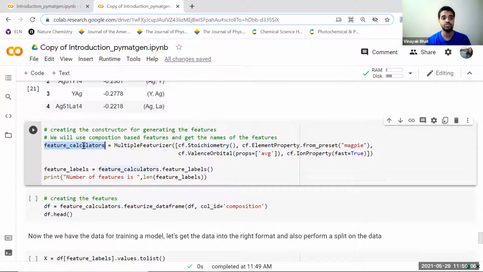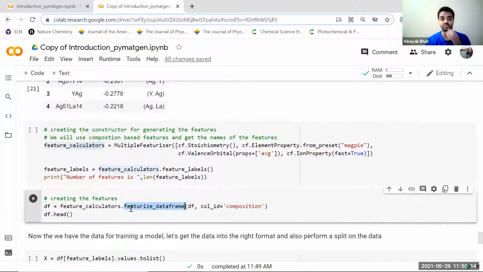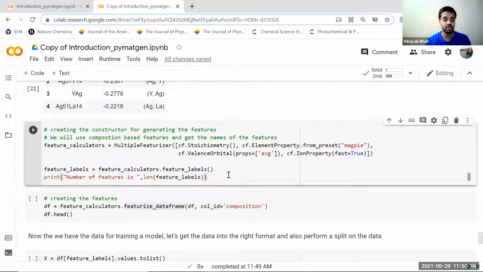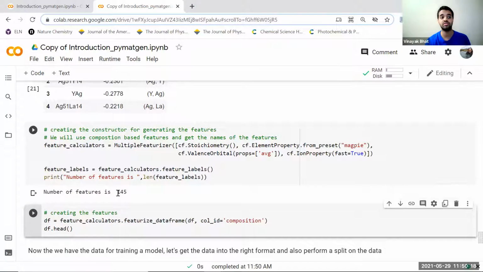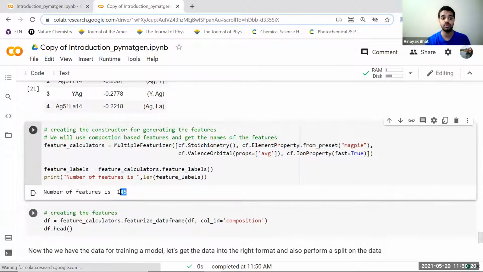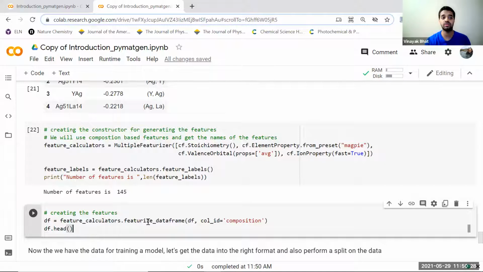So this is creating the object for features, and then we'll try to featurize it. Once it is created, we can see how many features we are generating. So we are generating 145 of those features. And what are those 145 features? We don't know yet. We can see them once we generate them.